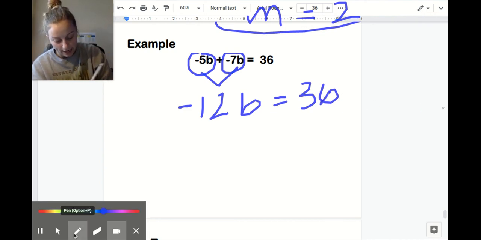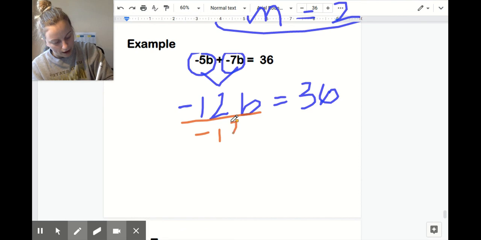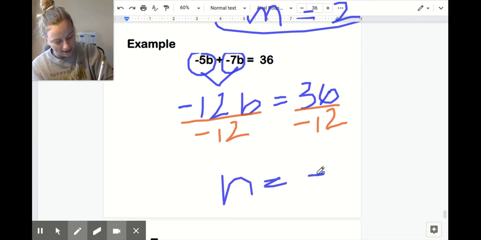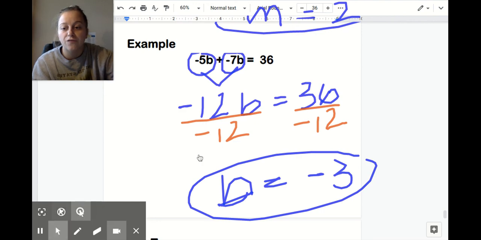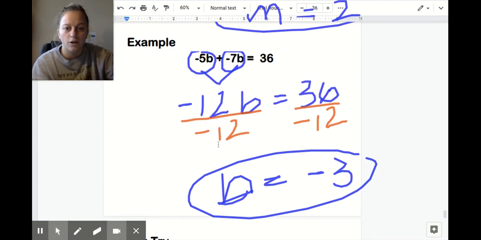I can get rid of that timesing by negative 12 by dividing by negative 12 on both sides. And I end up with my final answer of b equaling negative 3. So sometimes you'll have to combine like terms first and then use inverses to get your variable all alone.